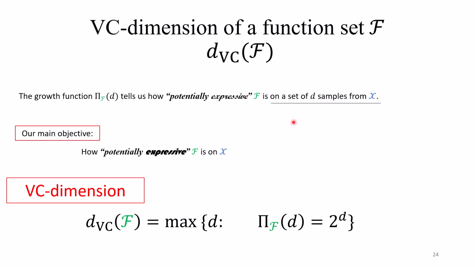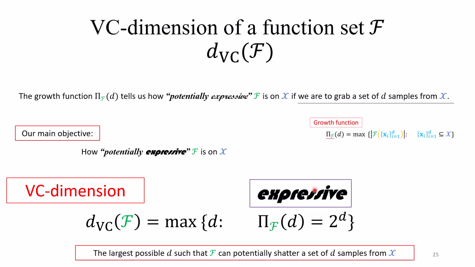With that, we finally arrive at the VC dimension. If the growth function tells us how potentially expressive F is on a set of d samples from X, then the subset with the maximum size, which the function set can shatter, can serve as a measure of how potentially expressive F is on X. In other words, we can also regard the growth function with respect to a function set being 2 to the d as a demonstration of the expressiveness of the function set.